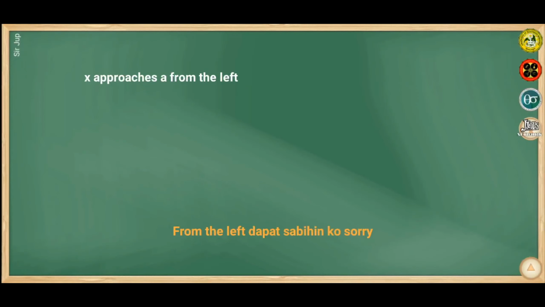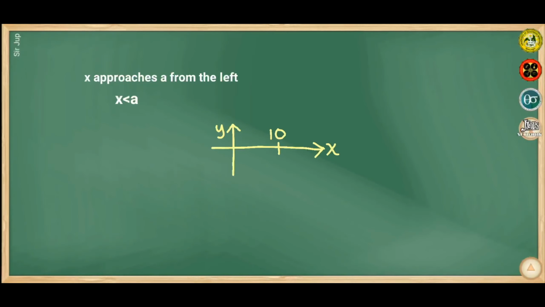When we say x approaches to the left naman, yung i-consider mo na values ng x ay mas maliit sa a. Halimbawa, if x approaches to 10 from the left, i-consider mo na values ay mga values na close to 10 but less than 10, such as 9.9, 9.99, 9.999.